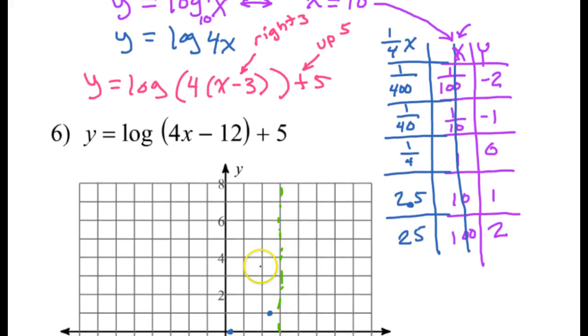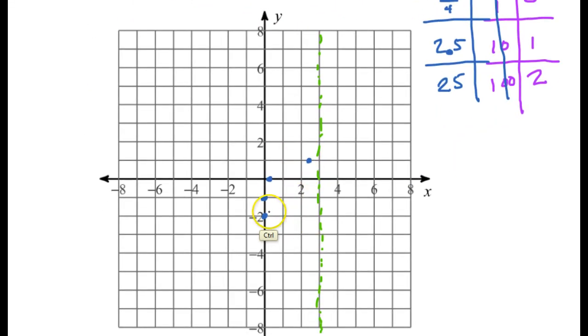Okay, so I'm going to move each of the 4 dots that I graphed right 3 and up 5. Okay, so right 3 and up 5 would be here. And then the next one will be here. And the next one will be here.